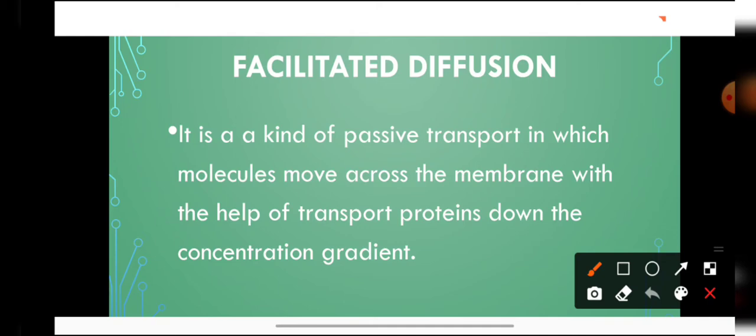So facilitated diffusion is a kind of passive transport in which the molecules move across the membrane with the help of transport proteins down the concentration gradient. So here also the molecules are moving down the concentration gradient, that is from higher concentration to lower concentration.